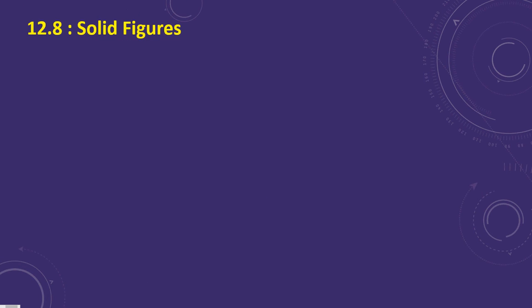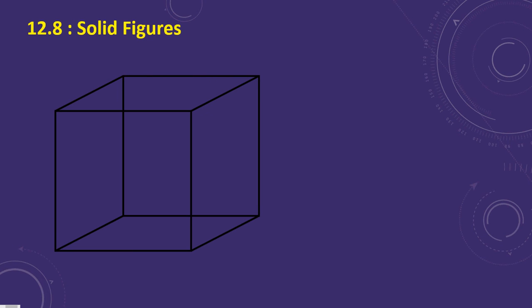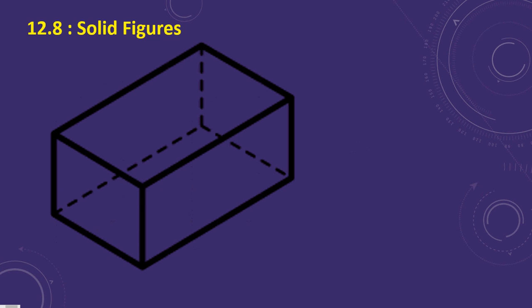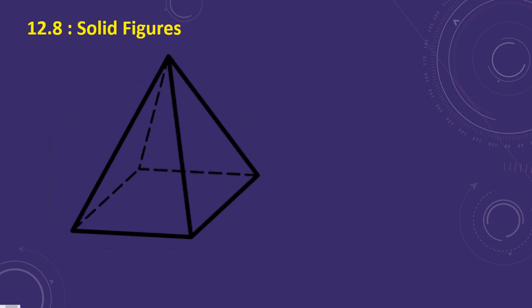First, 12.8. It's about the type of figures that exist. For example, this one, we call this one cube. We call this one rectangular prism. We called this one a pyramid.